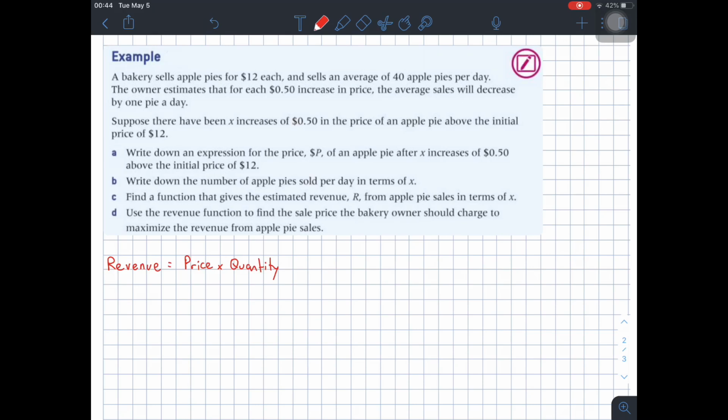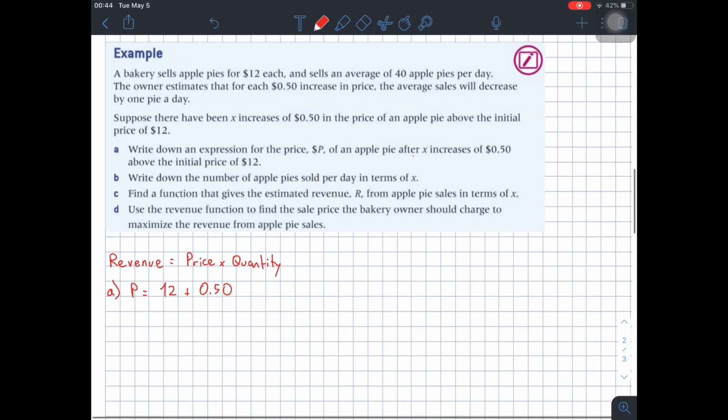Okay, so it says suppose that there has been X increases of $0.50 in the price of an apple pie above the initial price of $12. So for part A, write down an expression for the price P of an apple pie after X increases of $0.50 above the initial price. Okay, so the equation for the price would basically be $12, which is the initial price, plus 0.50, which is the little increase I'm giving to the price, after X increases, it says.